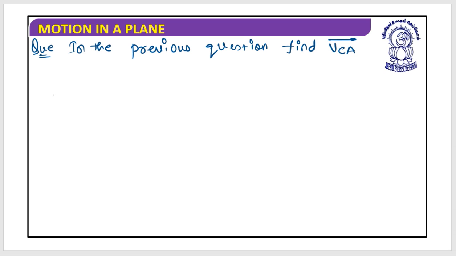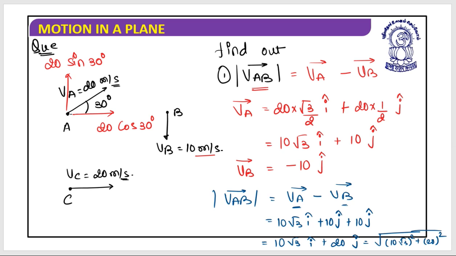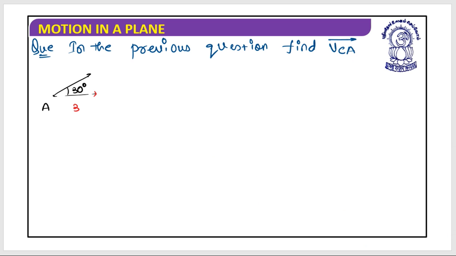It was something like this, that this is point A, this is 30 degree, and the speed is 20, so it's 20 cos 30, and this is 20 sine 30. Yes, it's 20 cos 30 and 20 sine 30.